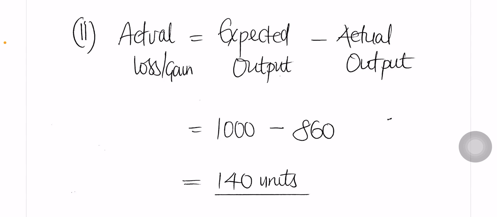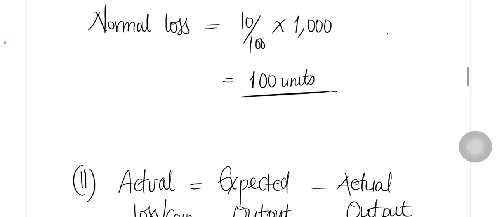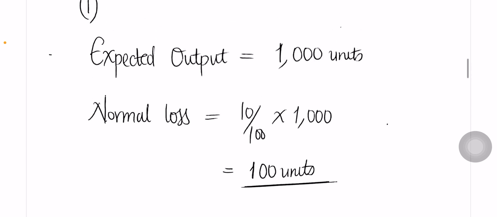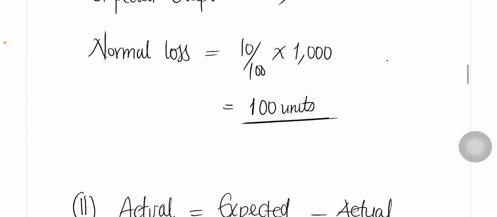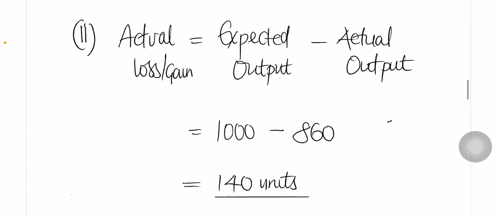So like I said, in every process, there are some units that are expected to be lost. Particularly for this process, 140 units were lost. Okay, so as a manufacturer, we have to plan for these losses. That's where normal loss comes in. This manufacturer planned that they'll lose 100 units. From our calculation, they lost 140 units.